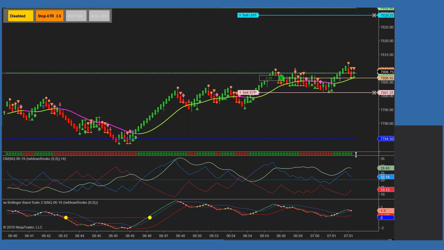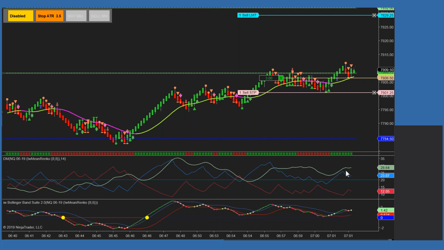Okay, we're trying to get a little bit of a trend developing at this point. Now I know Floyd, among others in the room, likes to watch the ADX line, that's just the squiggly green line, on a 30-second chart.